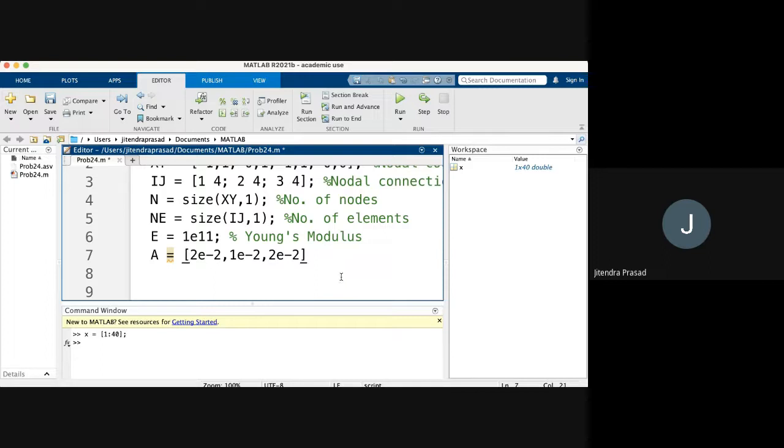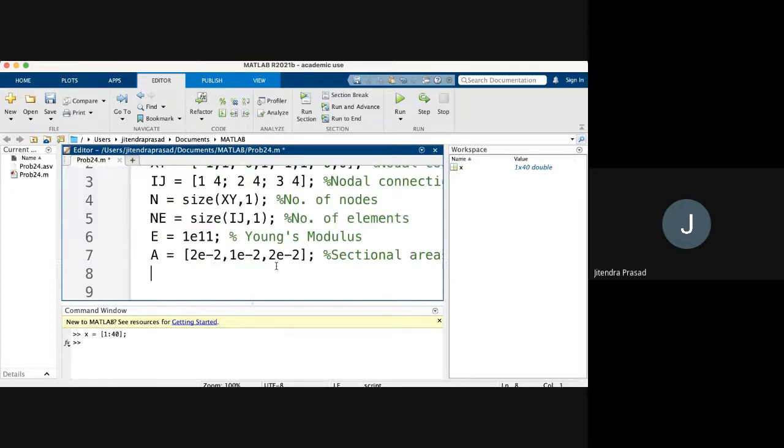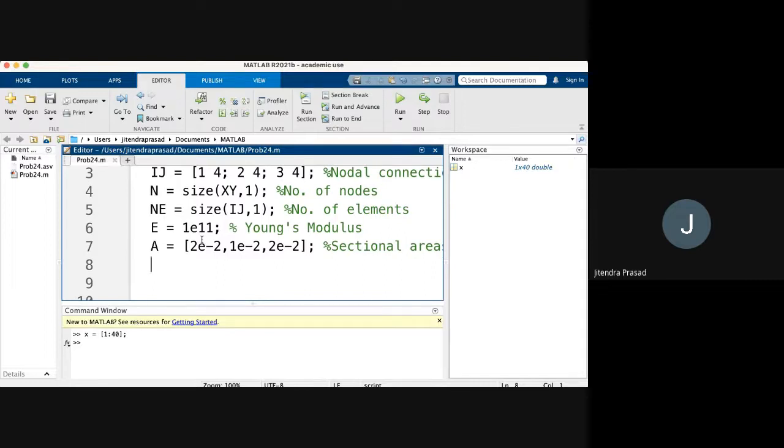These values are given for the three elements. We have three different sectional areas, which are also given. All this data is given to you in the problem, and hence we are writing it here.